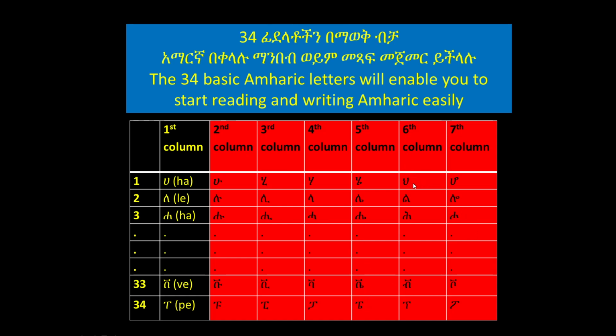In the sixth column, he, le, he, v, p. In the seventh column, ho, lo, ho, vo, po. The letters in the red sections, you will learn later once you know the letters in the first column.